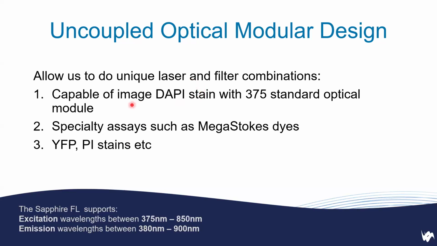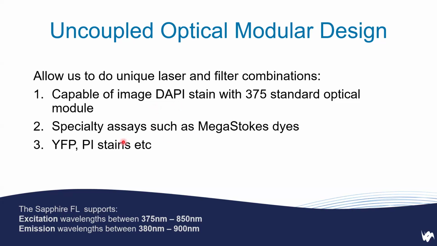With that, we developed the first and only 375 or UV range standard optical module that allows you to image DAPI signal. Normally, the DAPI signal will be the nuclear stain in ICC or IHC, okay, that needs a UV range excitation to image it.